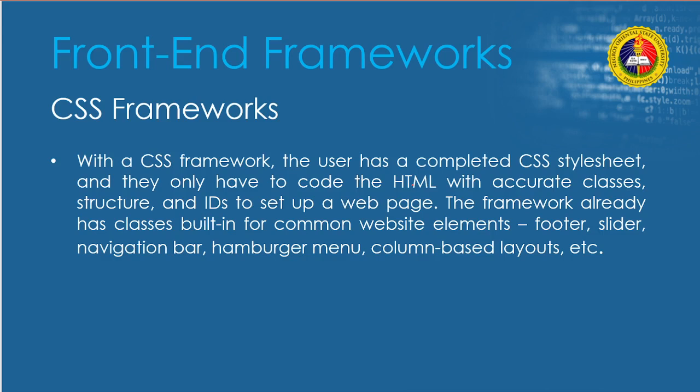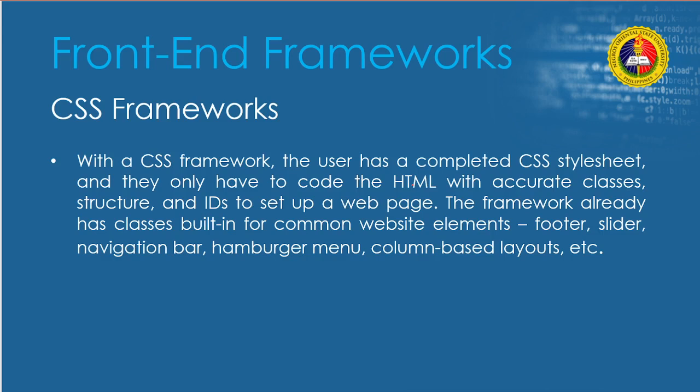It's already written in the framework. So all we need to do is, for example, the class is color light. Those codes are already saved in the framework. To use this code, we just have to write the class name. So that means we have to add an attribute to our element that says color light.